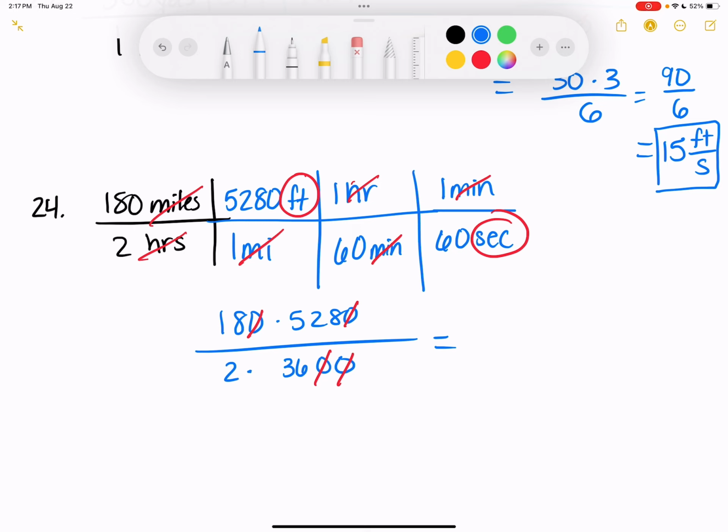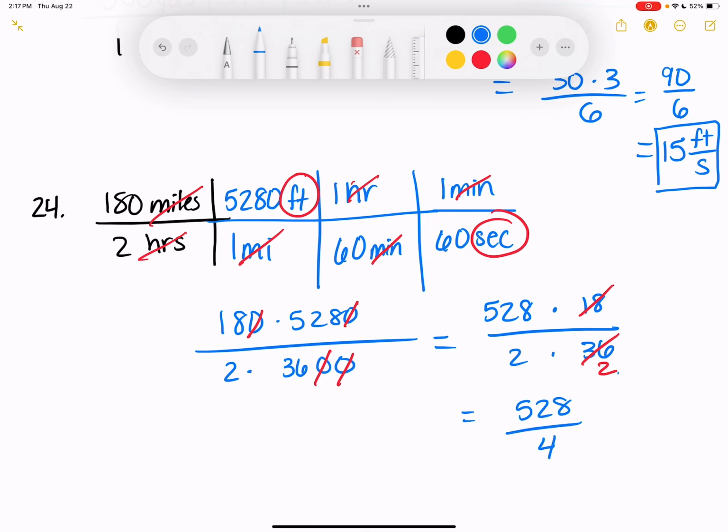So I'm going to write this as 528 times 18 over 2 times 36. Now, ignore this part. Does 18 go into 36? Yes. How many times? Twice. So I can get rid of that and call that a 2. So now I would have 528 divided by 2 times 2 is 4.